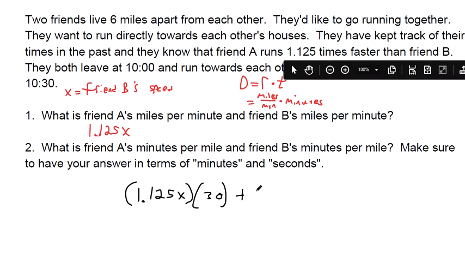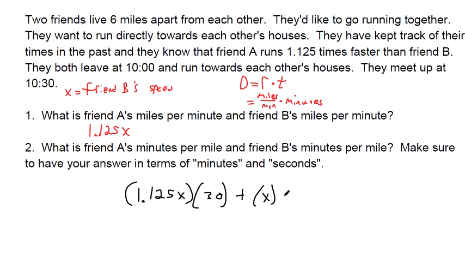And then we've got friend B is running at x for a rate times time. If you add the distance that friend A covers plus the distance that friend B covers, that should equal 6 miles because they're meeting up together. And now we have an equation to solve. Remember, we have to multiply 1.125 times friend B's speed, because friend A is a little bit faster. So like 1.125x is definitely bigger than 1x, right? And that should make sense because friend A is supposed to be running faster.